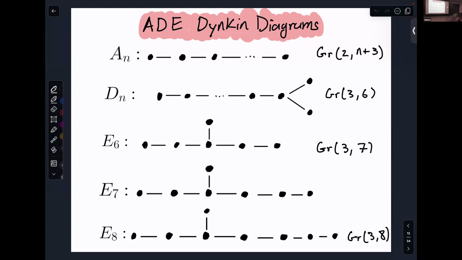This one, just to relate back to physics, is the same as Gr(4,7). So that one we've seen before. That's the E6 one. So those are ADE Dynkin diagrams. It's a pretty small list of cluster algebras that are going to be finite. If we choose anything else, it's not going to be finite.